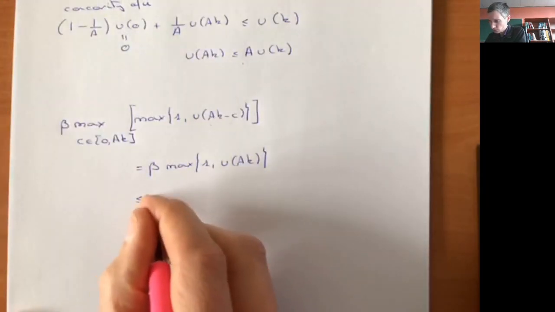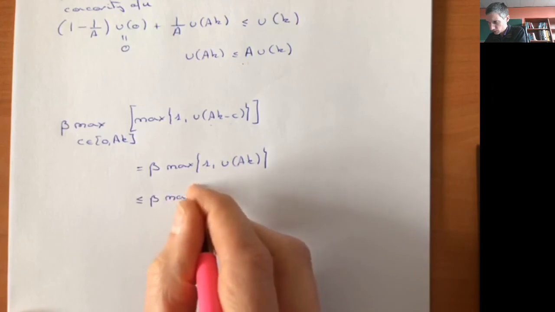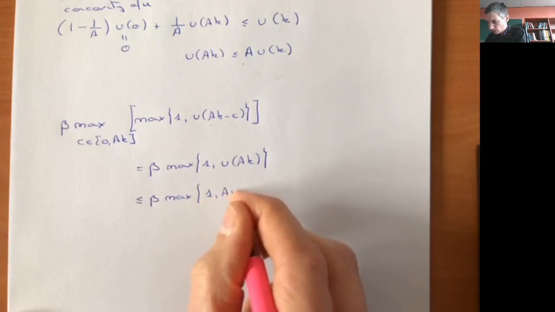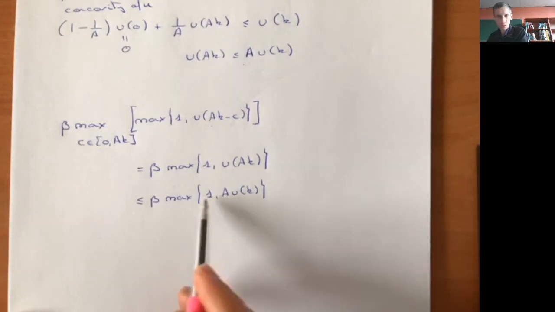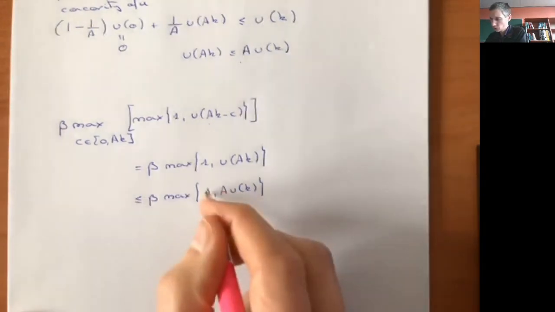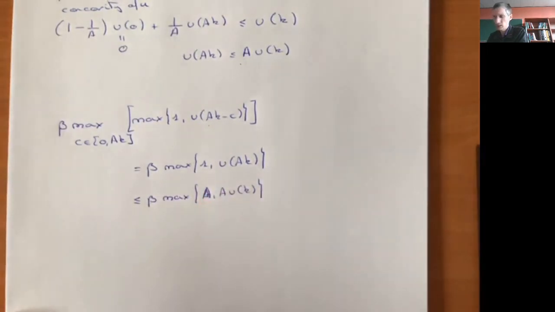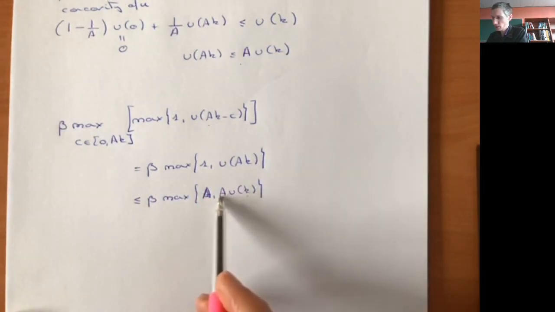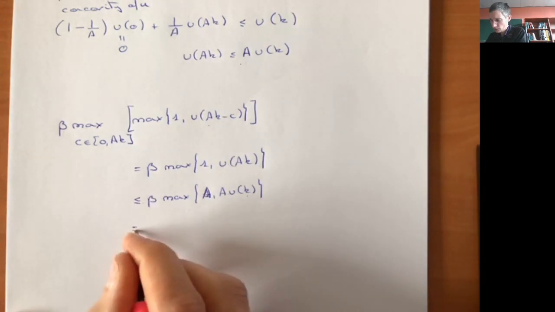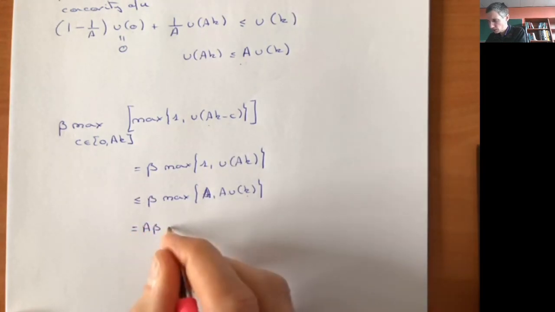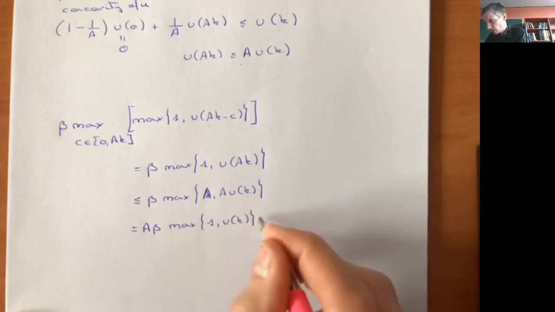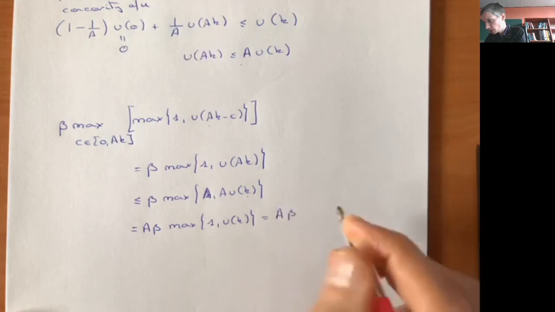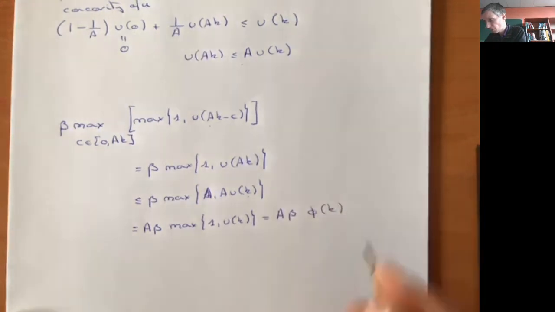Let's try the same trick again. So this is less or equal to beta times the maximum of 1 and a times u(k), and a is bigger than 1, right? So this is less or equal also to the maximum of a and a times u(k). I can put a in front, so this is equal to a times beta times the maximum of 1 and u(k), which is equal to a times beta times phi of k.